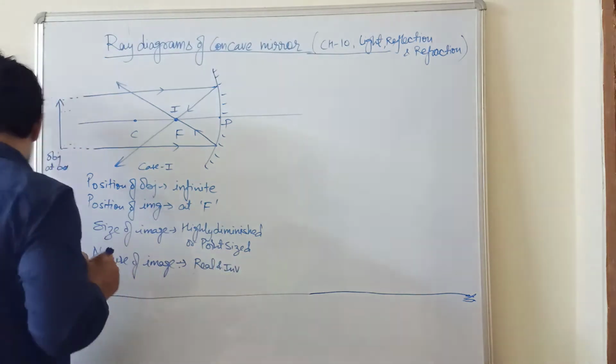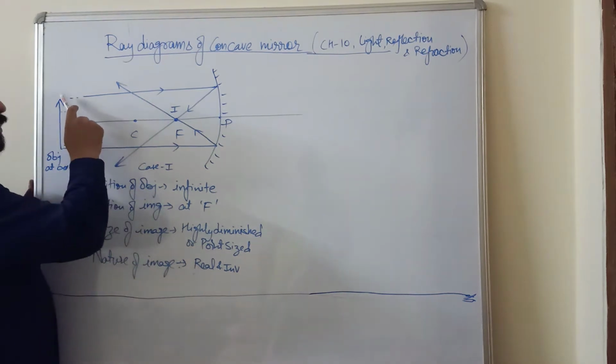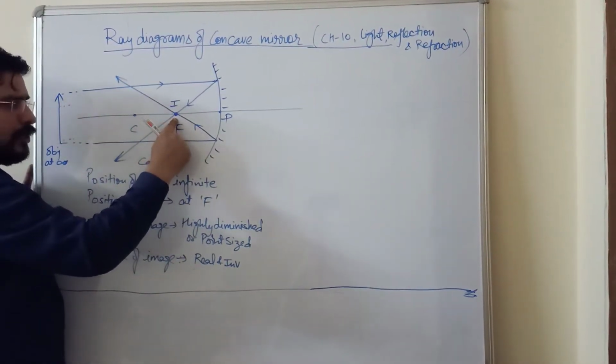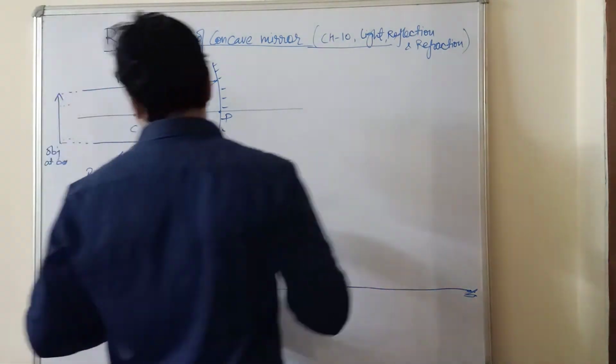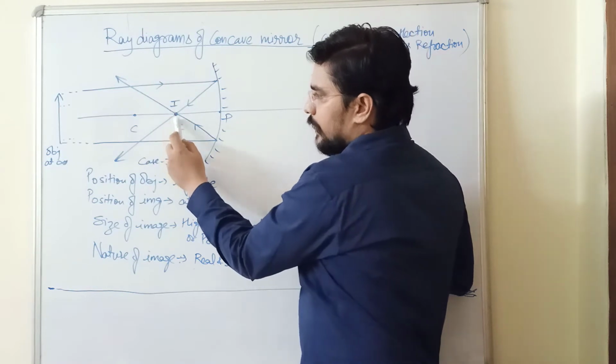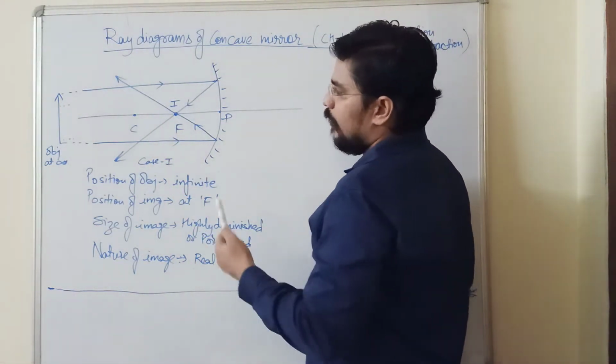What is this real and inverted? Let me explain. So you are observing that rays of light are actually meeting after reflection. So when the rays of light are actually meeting after reflection, then a real image will form. And when rays of light appear to meet, then virtual image will form.